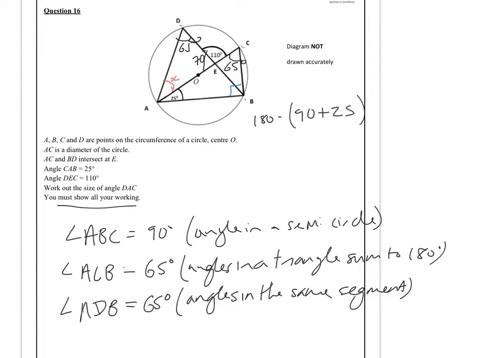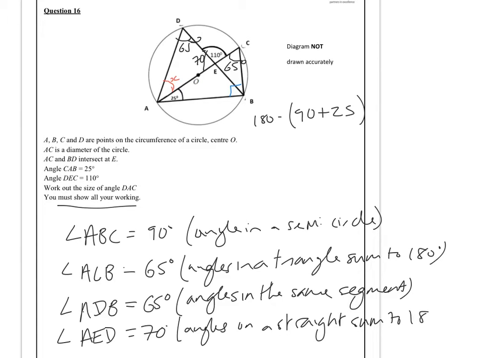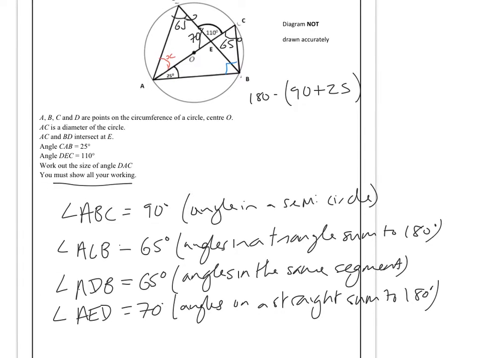So again I'm going to state that, so angle AED is 70 degrees because angles on a straight line sum to 180. And then finally we can say what X is. X is 45 degrees, and the reason for that is that angles in a triangle sum to 180.